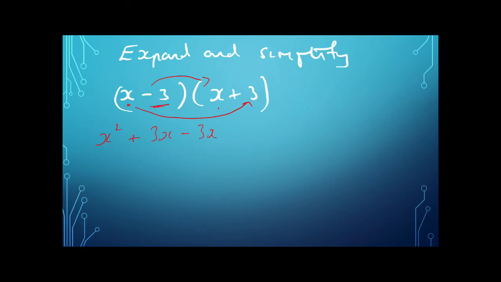And then negative 3 times positive 3 is negative 9. And we notice that those inner terms add together to make 0. So our final answer is x squared minus 9. So there isn't that middle term with an x. And in this form, this is called a difference of two squares.